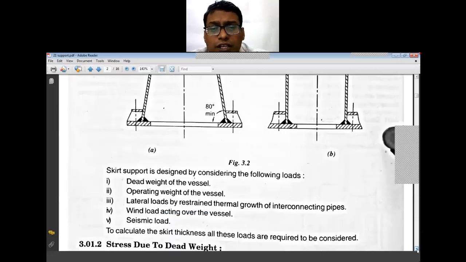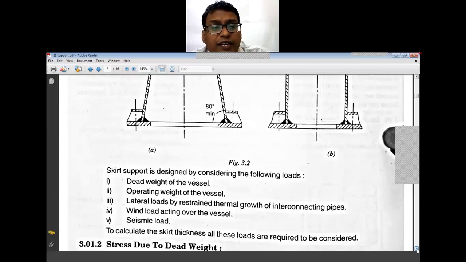Now when we design the skirt support, the dead weight of the vessel, the weight of the vessel itself, has to be considered, plus the weight of the contents, that is the operating weight of the vessel, meaning the fluid or the solids which are available in the vessel.